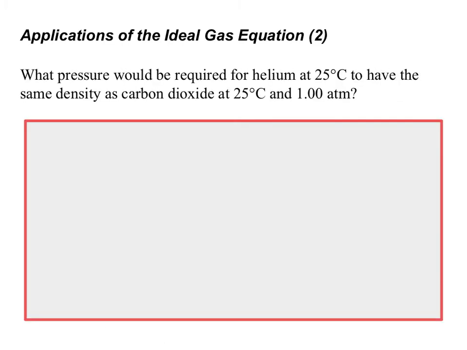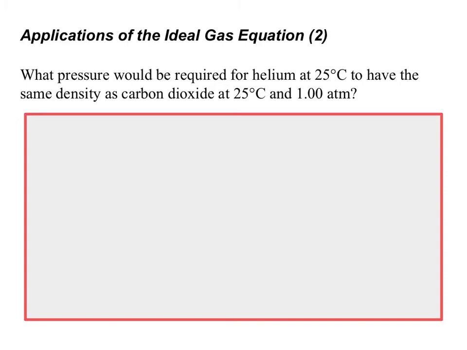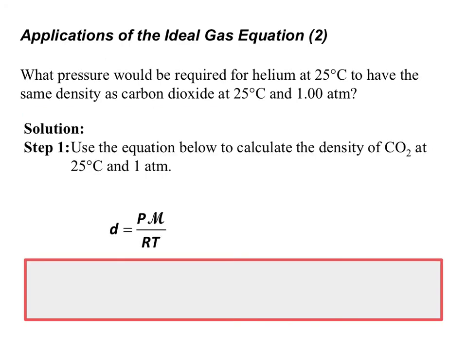For example, what pressure would be required for helium at 25 degrees Celsius to have the same density as carbon dioxide at 25 degrees Celsius and 1 atmosphere? Well, first we need to figure out what the density of carbon dioxide is at 25 degrees Celsius and 1 atmosphere. Well, we use the equation shown and we plug in the values that we need.